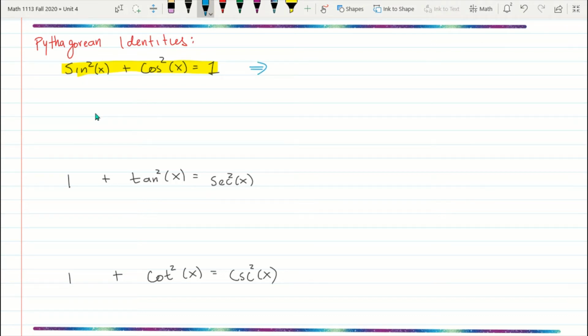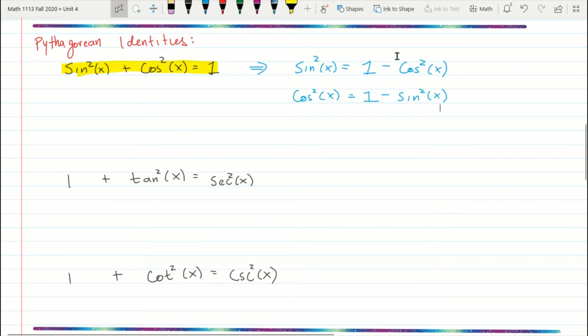You could say sine square of x is equal to 1 minus cosine square of x, or cosine square of x is equal to 1 minus sine square of x. So don't be limited by just this definition that you're given, right? You can also rewrite it in such a way that you can use that definition in many different ways, right?